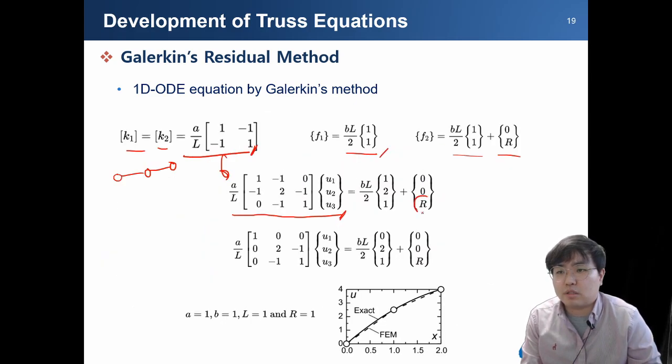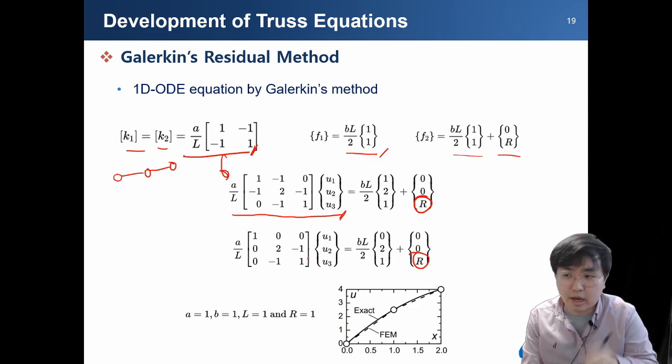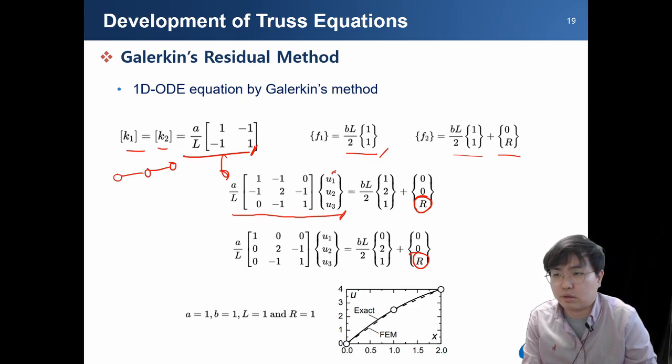So this is a specific value r, and then how can we solve it? Since the boundary condition is already applied, this part becomes equal to 0.